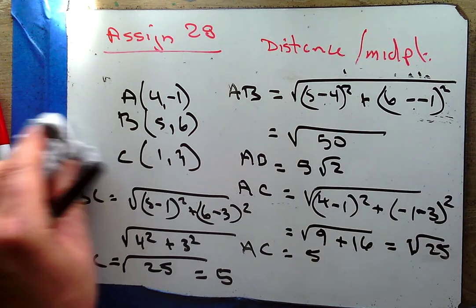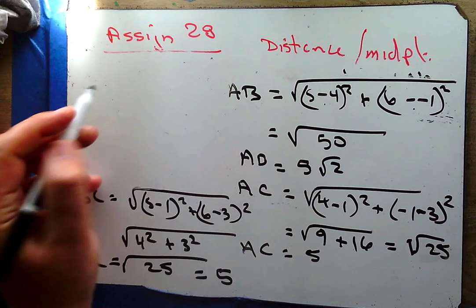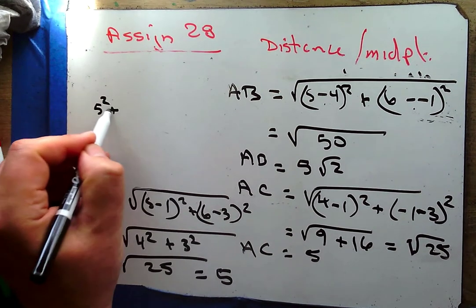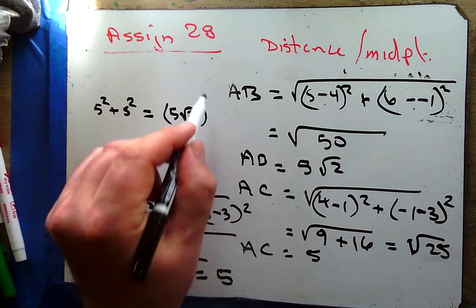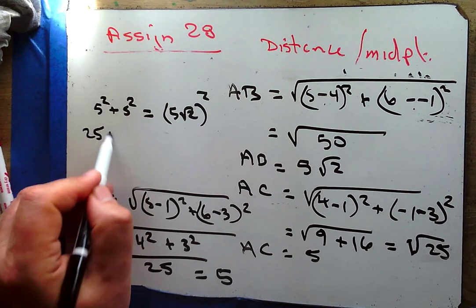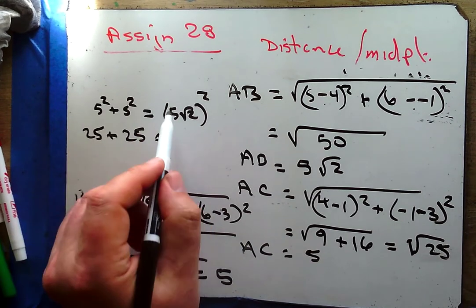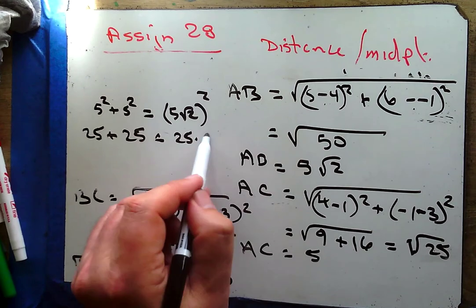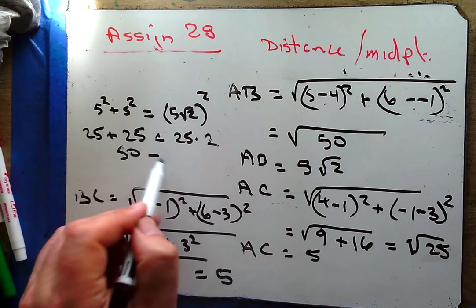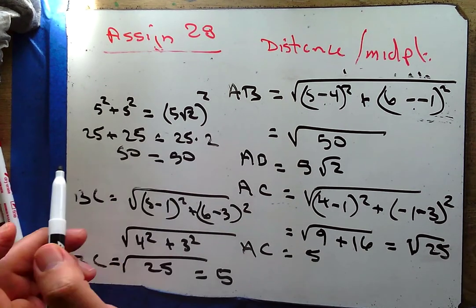So in my Pythagorean theorem, I would put 5 squared plus 5 squared equals 5 root 2 squared. So 25 plus 25 equals, 5 squared is 25, root 2 times root 2 is 2, 50 equals 50. Well, look at that.